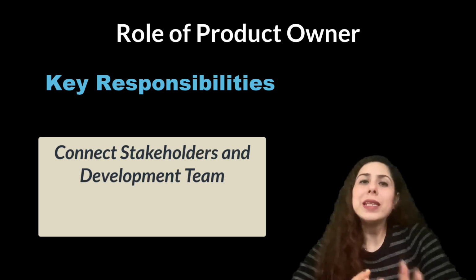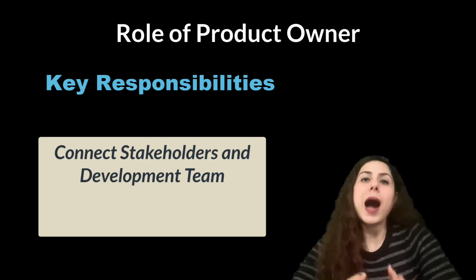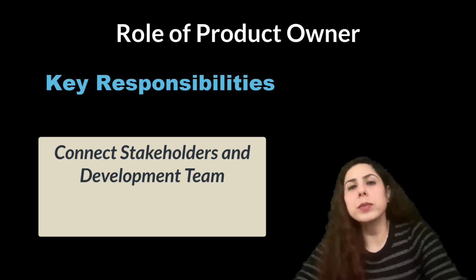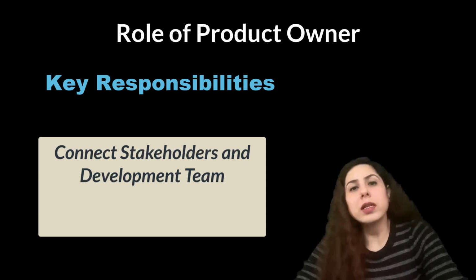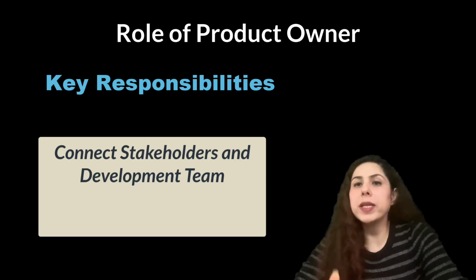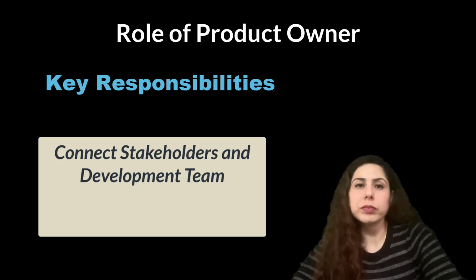By bridging these diverse perspectives, product owners help translate high-level business objectives and customers' demands into actionable tasks and user stories for the development team. Ultimately, product owners are responsible for aligning the development efforts with a broader organizational vision.